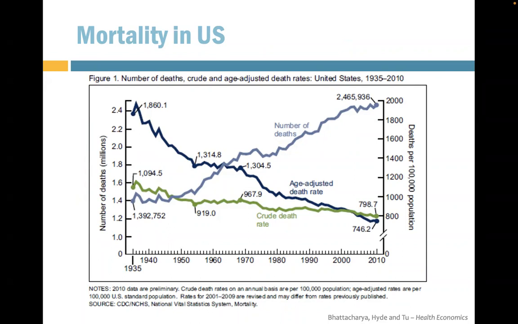Okay, but the crude death rate, which is the green line, is actually staying kind of stable, although it's slightly decreasing. The lighter blue line, number of deaths, is increasing. So this is a story that the death rate is decreasing, but as the population is getting older, the number of deaths is increasing, and the crude death rate doesn't show much change. Okay.